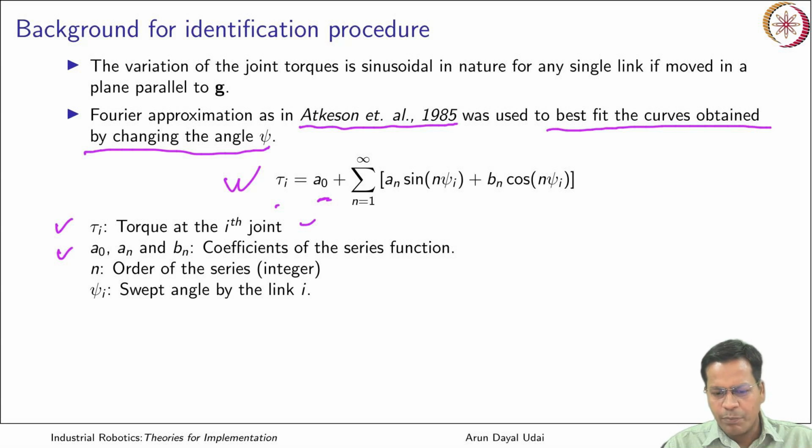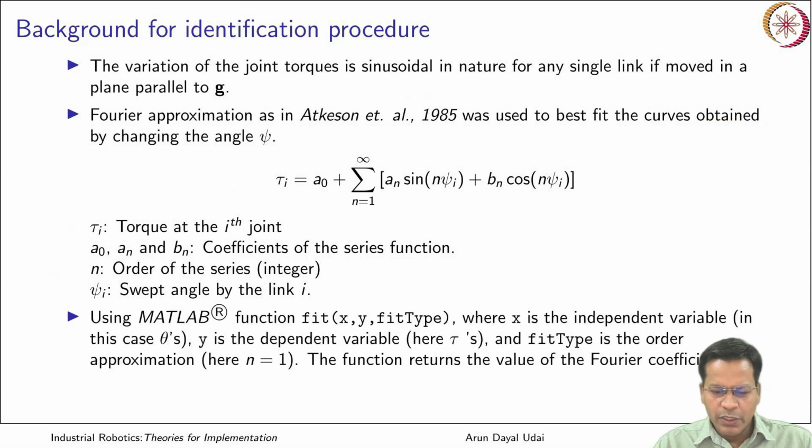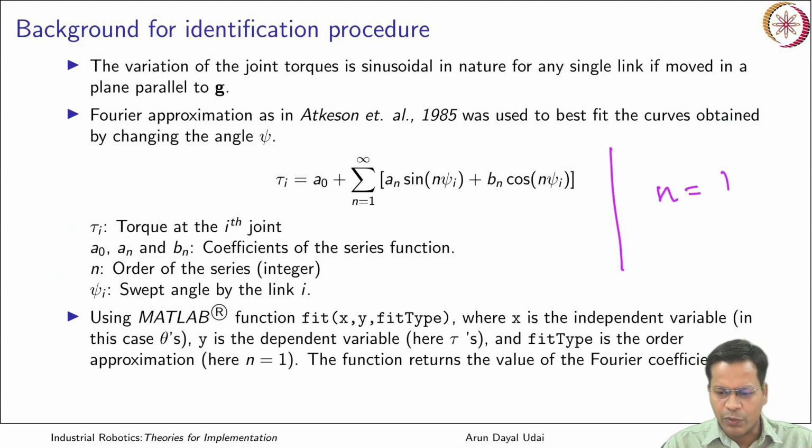A0, An and Bn are the coefficients of the series function. This is effectively a series. Okay, normally we see only the first order, that is what is appearing in our previous equation. N is the order of this series which is an integer, and psi I is the swept angle by this link I. Okay, so the model we are considering will take n equal to 1 as you have seen in our previous equation.